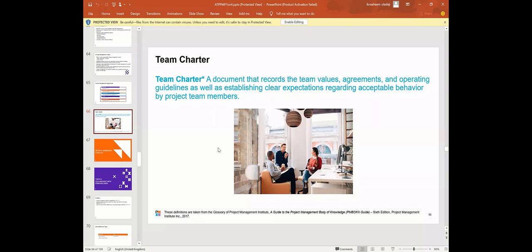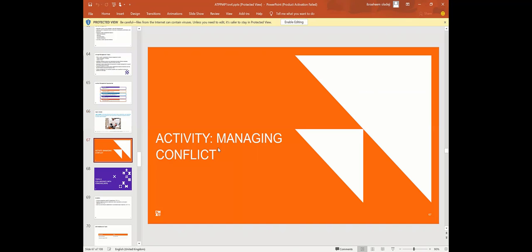This is acceptable here, this is not acceptable here. That kind of thing. So it's a document that records the team values, agreements, and operating guidelines, as well as establishing clear expectations regarding acceptable behavior by project team members. All right, so that ends that process.